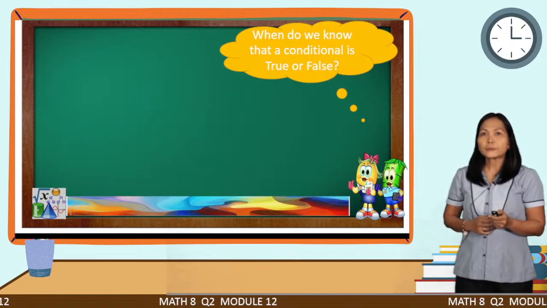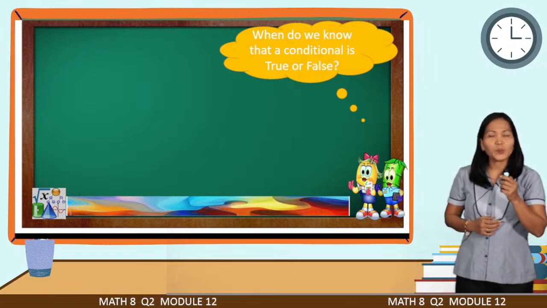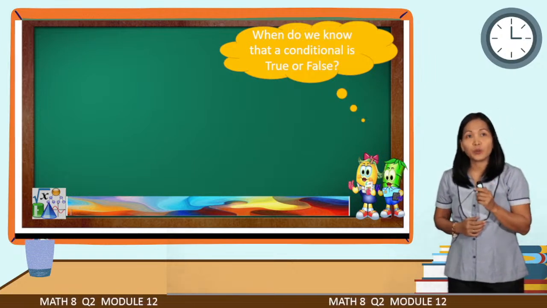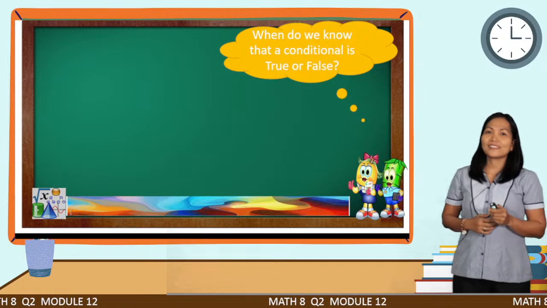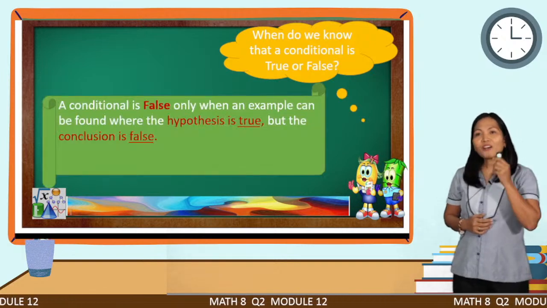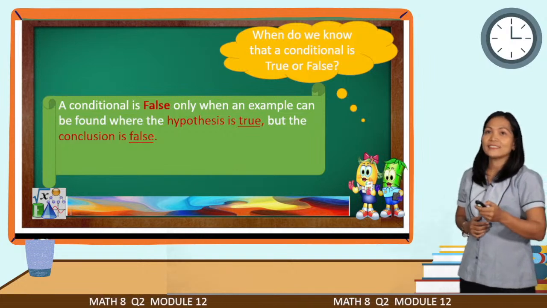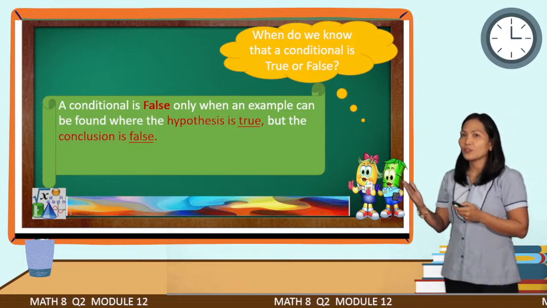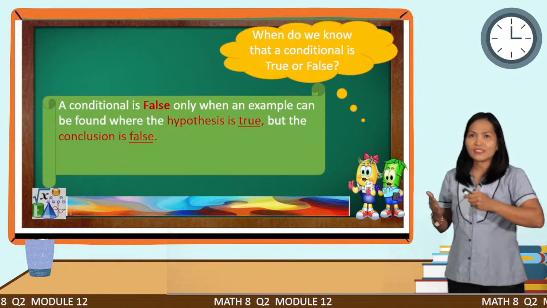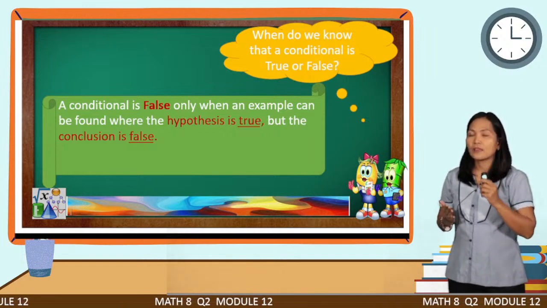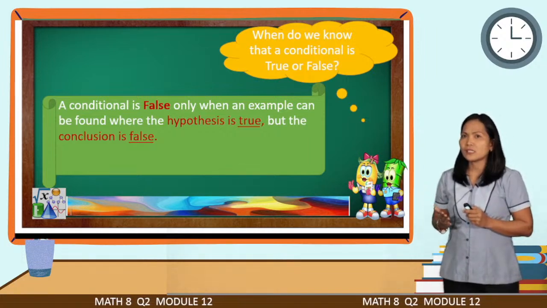Now, when do we know that a conditional is true or false? Take note of this. A conditional is false only when an example can be found where the hypothesis is true, but the conclusion is false.